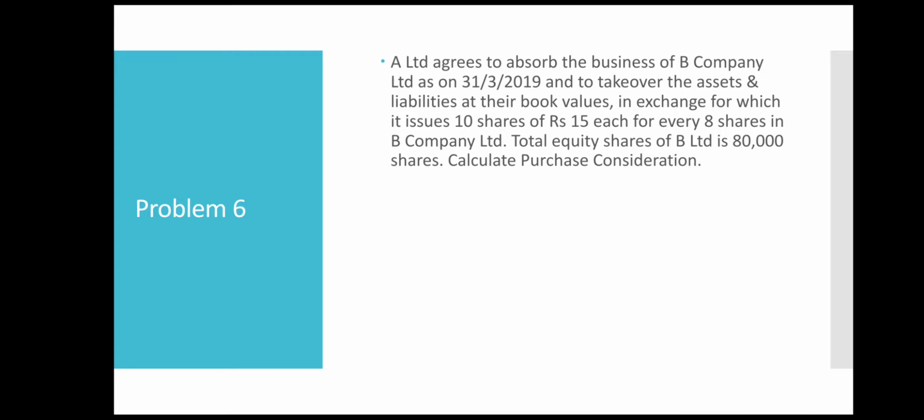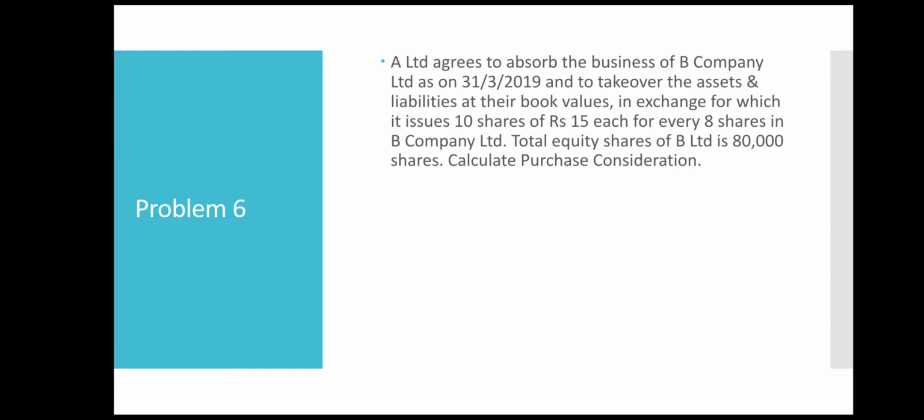Here the word exchange is used, and ratio type information is given. So we can conclude that this problem is based on shares exchange method of purchase consideration. Let us now understand the problem.